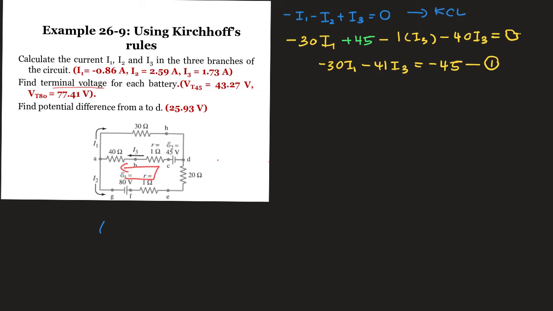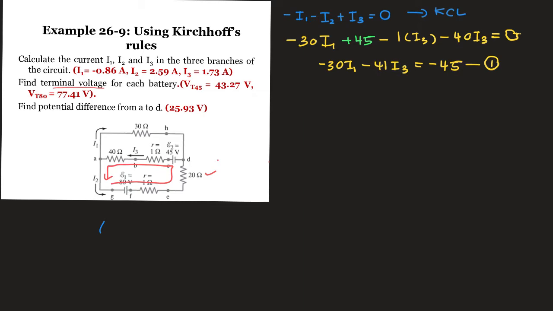Because we are going to use the concept of simultaneous equations, we need to have one unknown that is the same for equation 1 and equation 2. So I'm going to start at 20 ohms. My assumption loop is going to be like this.